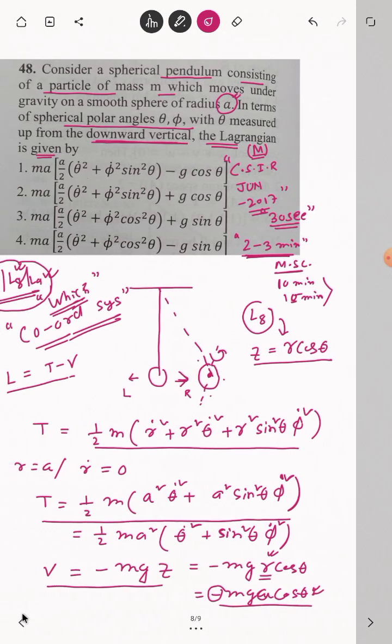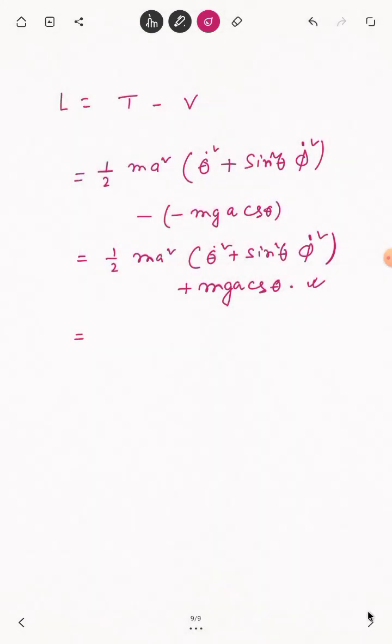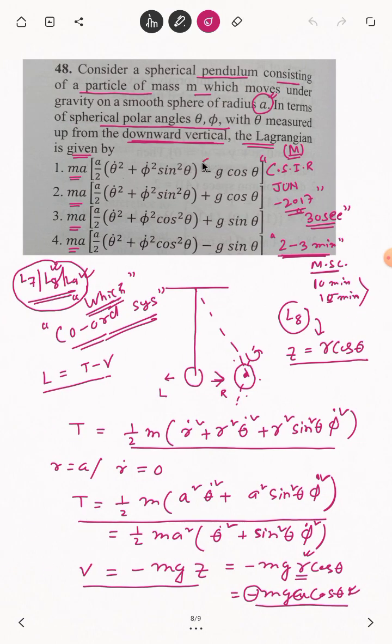Next we should just take the expression, all the answers. In all the answers, the ma portion is common. So if we just take m common, just take a one thing. Here the sign is plus in front of mga cos theta. So in the options where a negative sign is in the second portion, that means in the potential energy portion, these two options will clearly be eliminated.